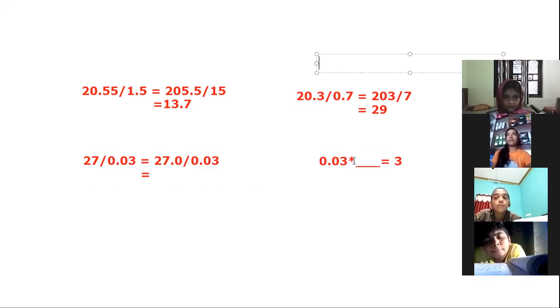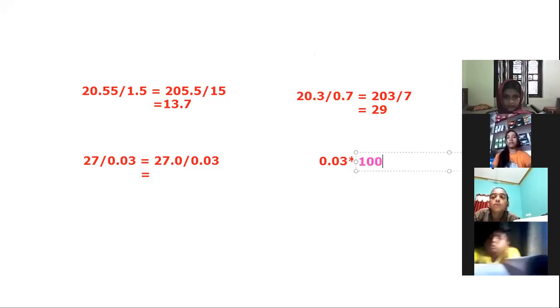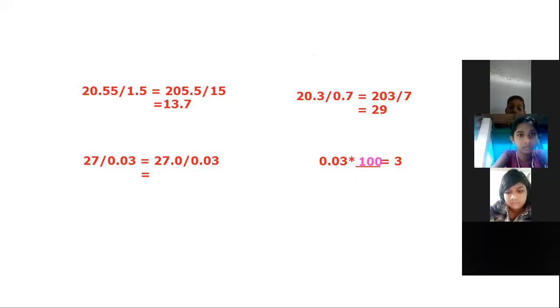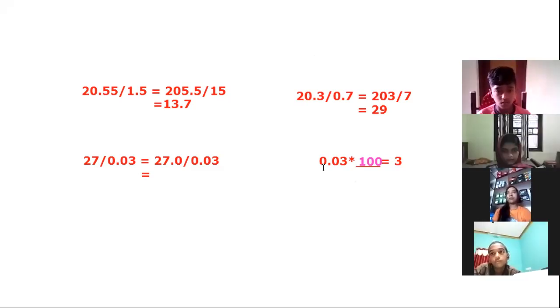Then what would your number be? It's 100, because 100 has 2 zeros. That's why to get 0.03 as 3, we have to multiply it with 100. So, I am going to multiply our denominator by 100.